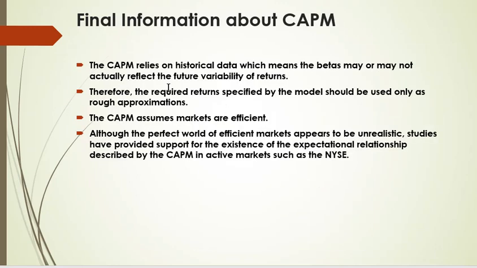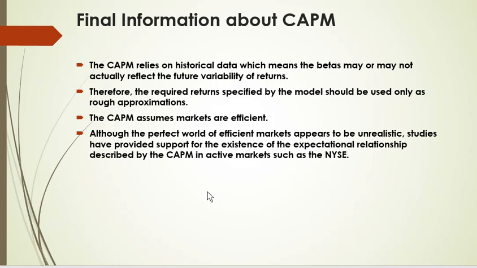So the challenge with the CAPM is it relies on historical data, which means that from time to time, companies change their variability, and beta, since it's over time, takes some time to make changes. So the most recent changes are not always reflected in the beta that we calculate. So we do have to be concerned that this beta is only a rough approximation.